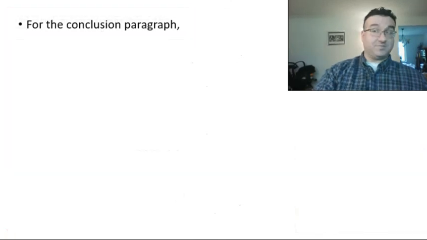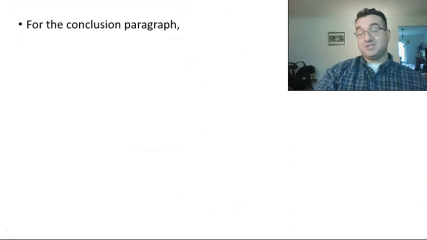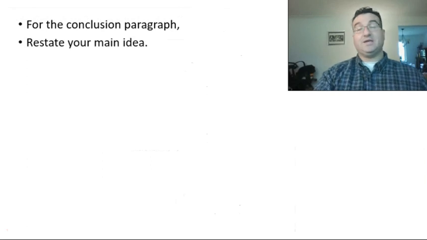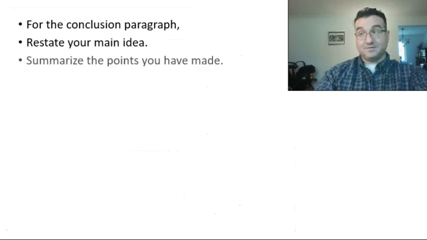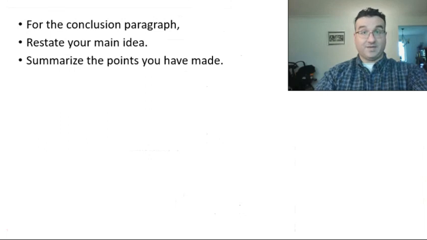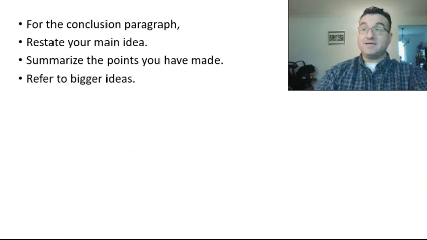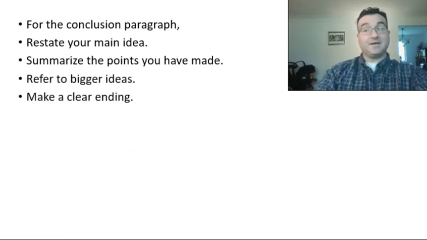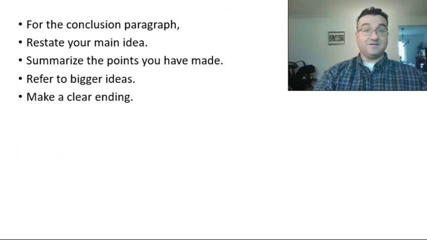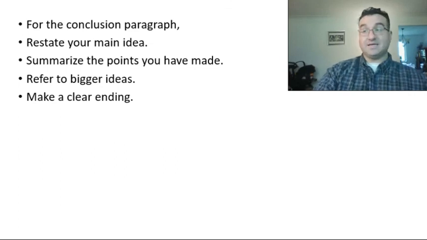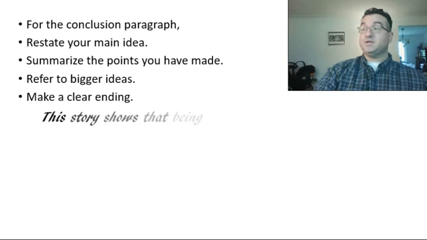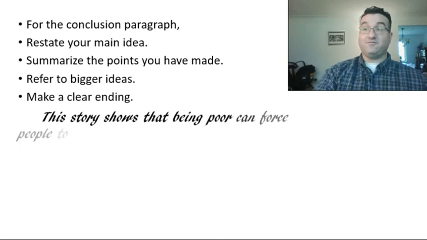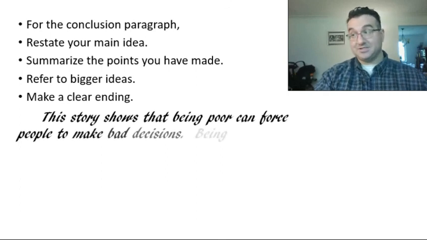For the conclusion paragraph, there's certain strategies we can always use. We can restate your main idea, summarize the points you have made, refer to the bigger ideas, and make a clear ending. You could write a lot of different things, but here's an example. This story shows that being poor can force people to make bad decisions.